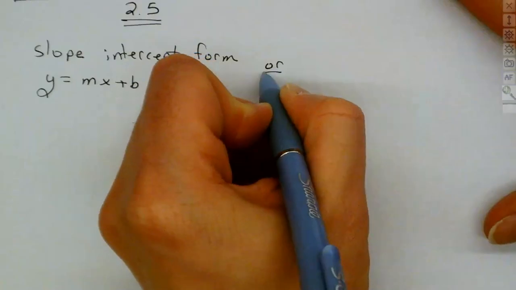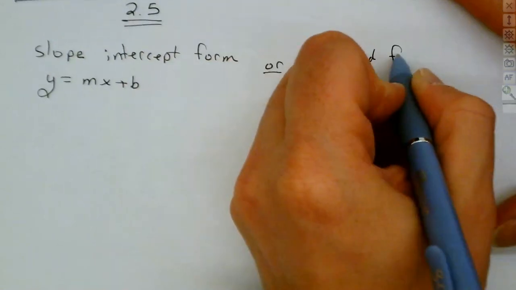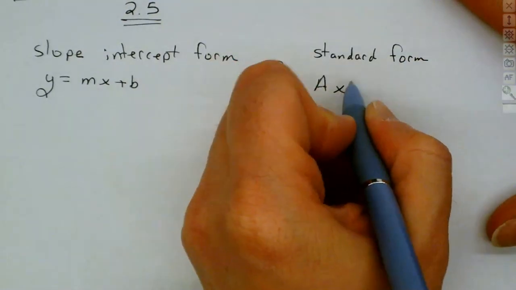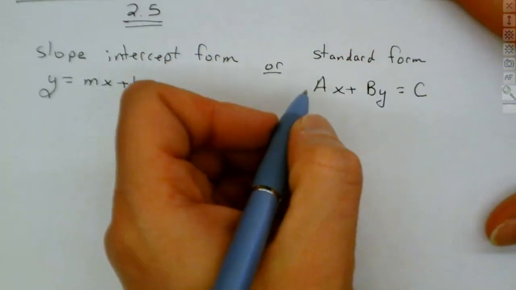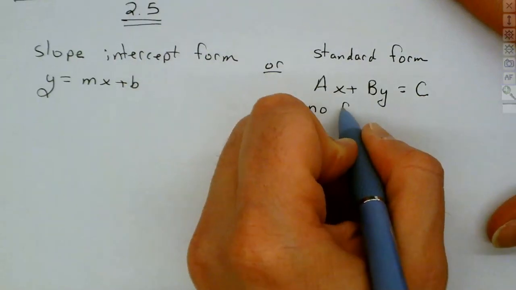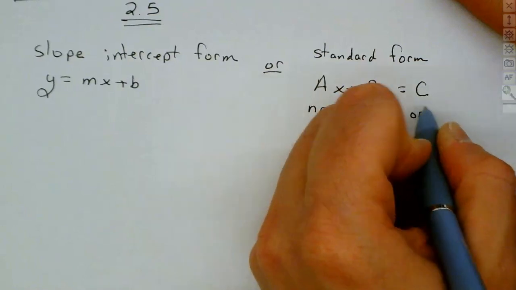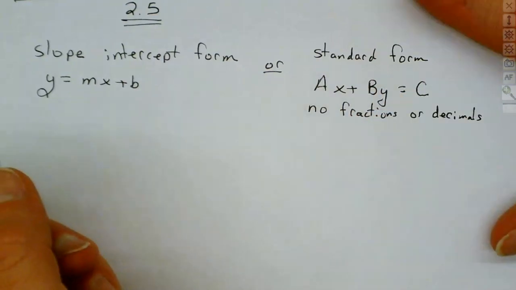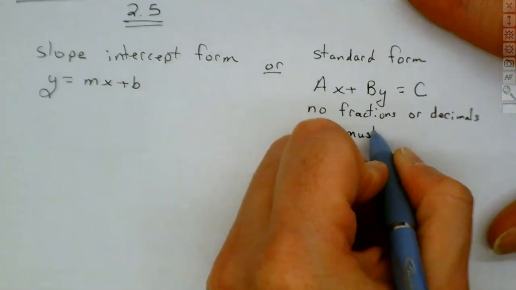Or you can have what's called standard form. And standard form is ax plus by equals c. And when we look at standard form, no fractions or decimals, and a must be positive.